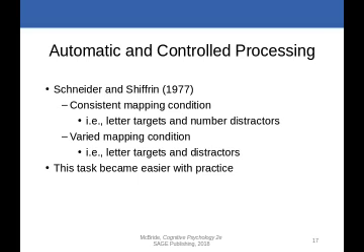Schneider and Shiffrin, two very famous, well-known cognitive psychologists, have defined an automatic process as one that is initiated from a specific input, either internal or external, and activated without control or attention.